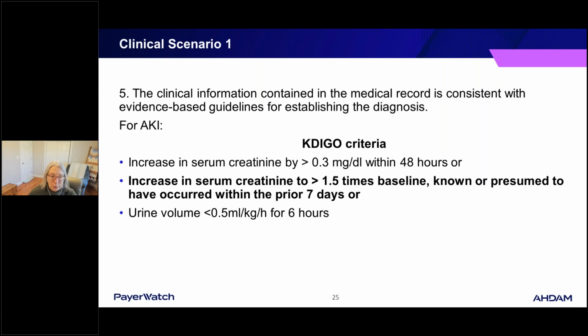Okay, so we've got the three of them there, and we bolded the one that applies to this particular case. So when you think about it, with 0.9, 1.5 times that, if you do your math, which I did, is 1.35, and his was as high as 1.4. He met that criteria.